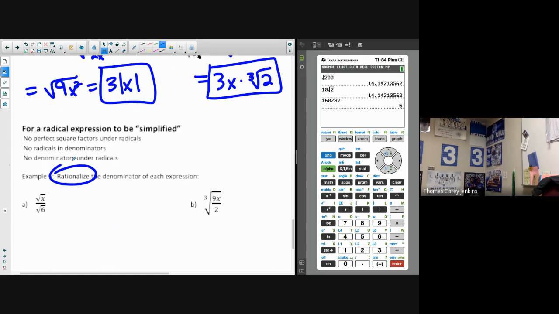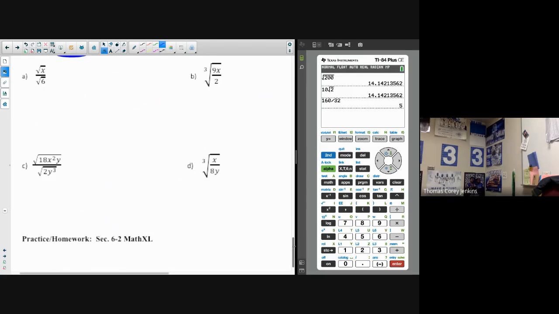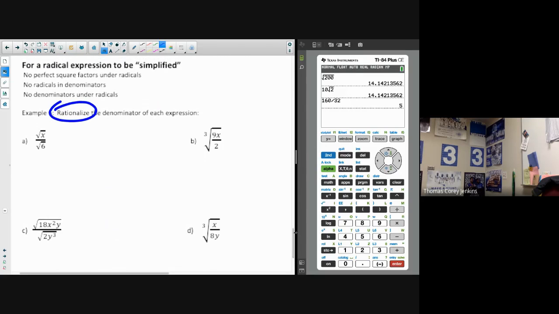Basically, you couldn't have an imaginary number in the denominator. Same thing here. You can't have an irrational number under the radical. Okay, so how do we deal with that? I'll probably do maybe 3 of these and leave 1 for you. All right, so let's just get right to it.